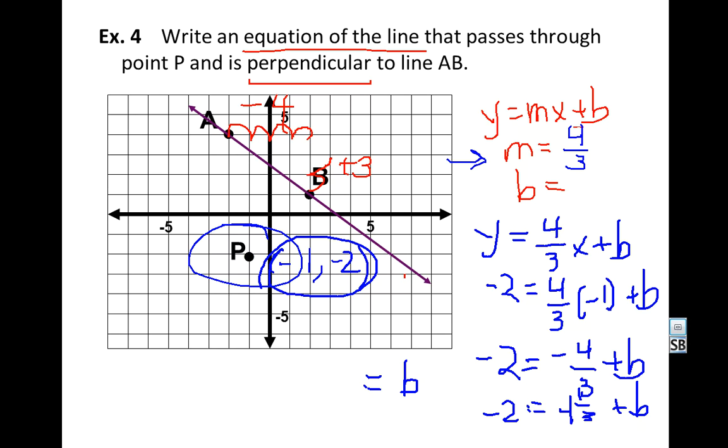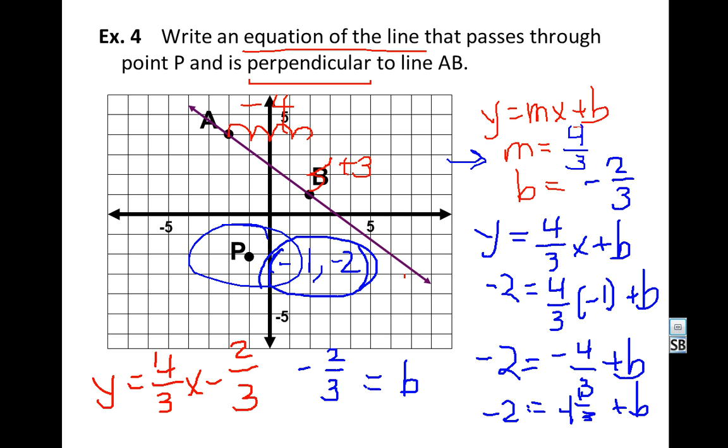Hopefully you said -2/3. So the equation of my line, given that the y-intercept now is -2/3, is going to be y is equal to 4/3 x minus 2/3.